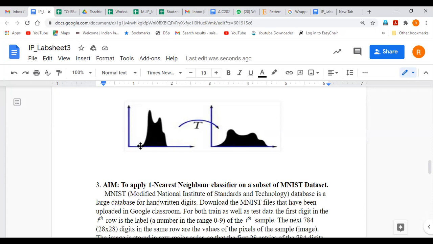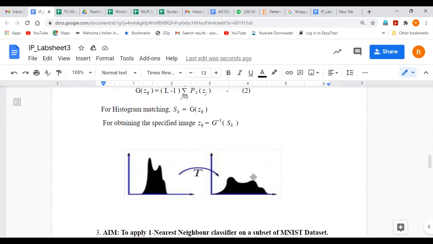So you have a CDF, cumulative distribution function, from the histogram of this image. You will also have a CDF for the target image. Using these two CDFs, we want to locate where this intensity has to be after mapping, so the CDF of this roughly matches the CDF of that.